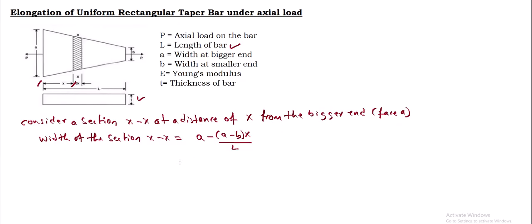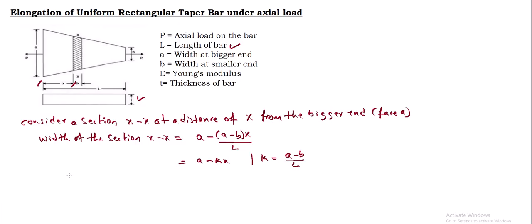For simplification I will write A minus K times X, where K refers to A minus B by L. That is the width of the section XX. Now I need the thickness and the area, because I want to calculate the stress and the elongation of the strip. Once I get the elongation of the strip, I will extend it to the whole body from 0 to L.